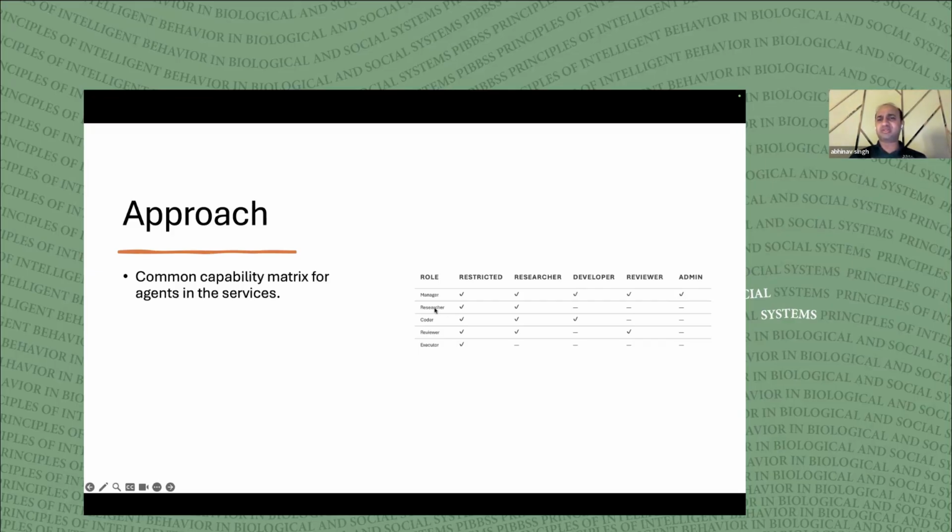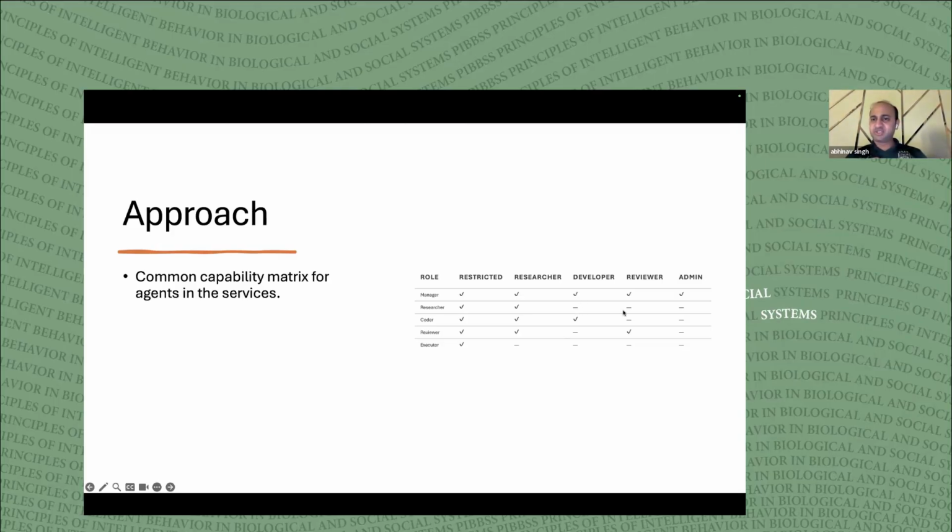So the researcher would be able to access the internet and get all that information. The coder agent can act on that information and write the code for us. The reviewer agent performs the security review on it. And then finally, the executor agent, which has very limited access, tries to execute that code to finally give us an output.